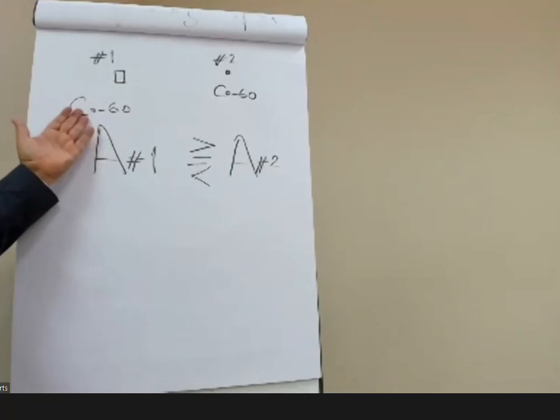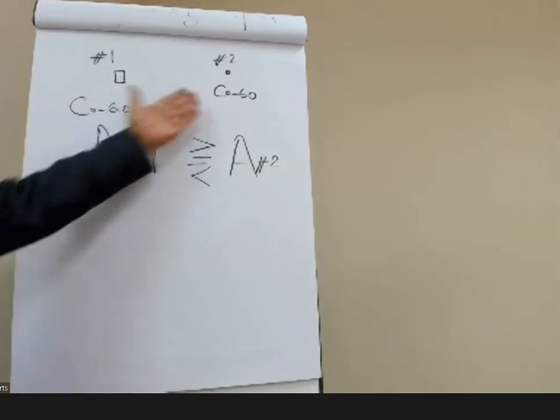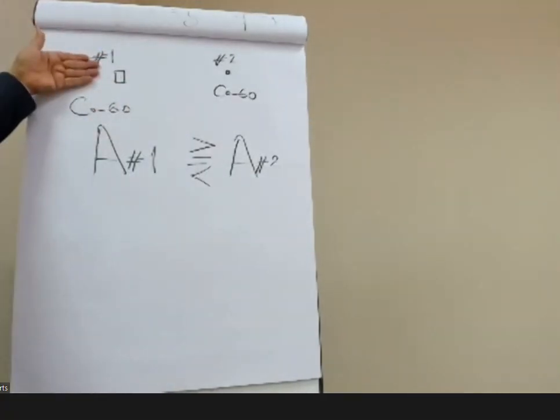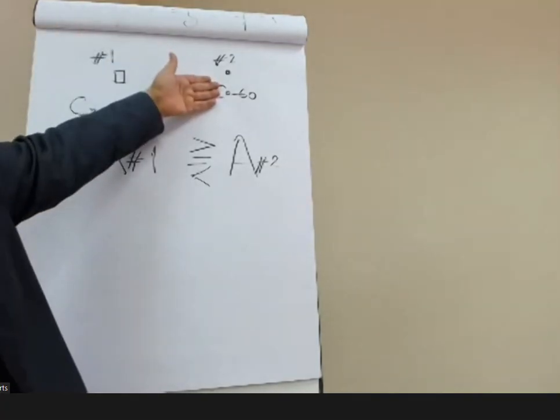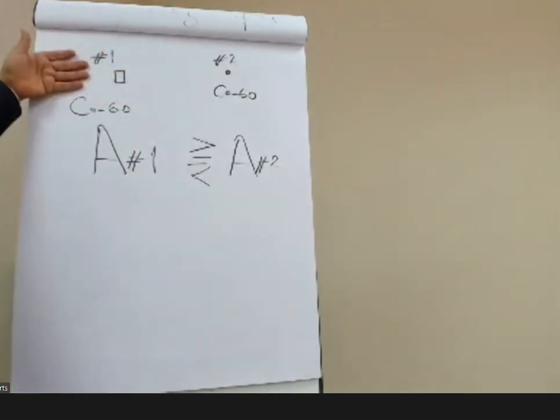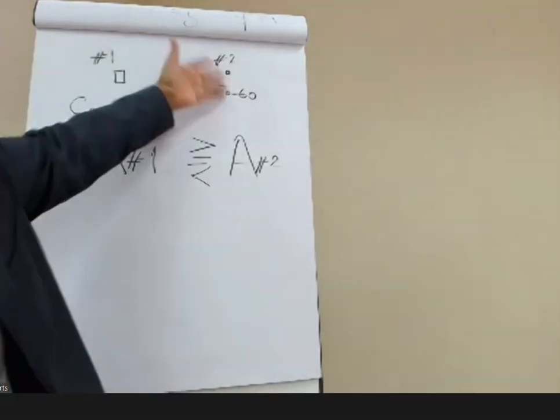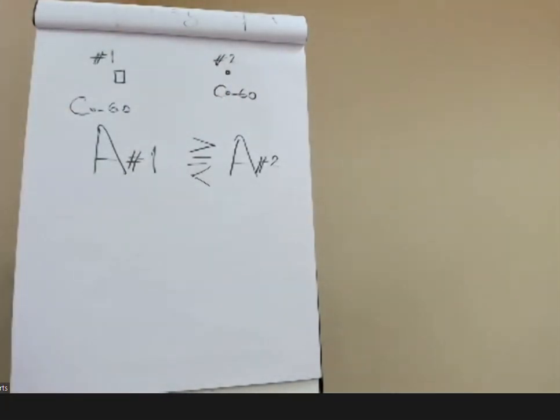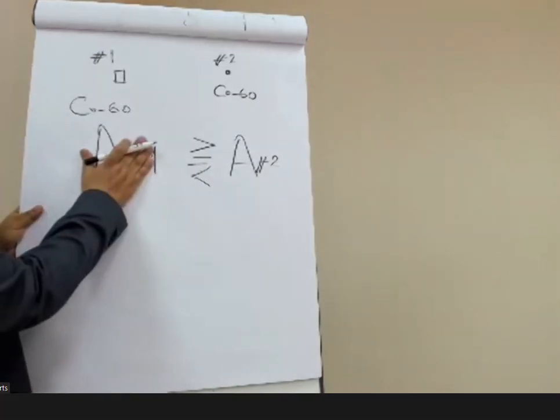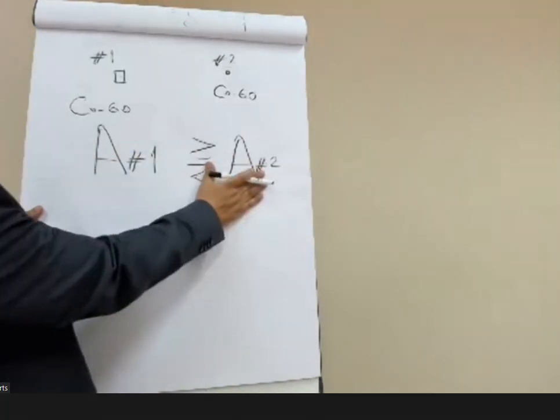Same source, same material, same cobalt 60. But I have here, let's say, 10 gram, and here 1 gram. Or if you need, we have here more atoms than this one. Which relation is correct? Activity of sample 1 is greater. Okay, so the activity of sample 1 is greater than the activity in sample 2.